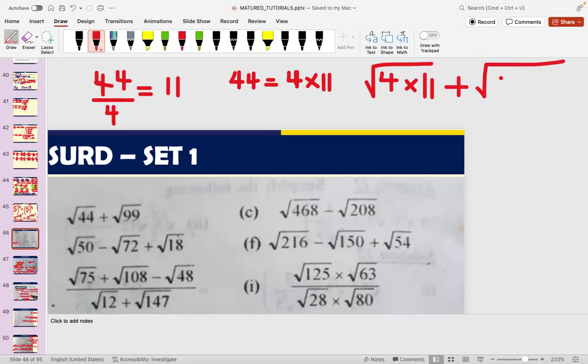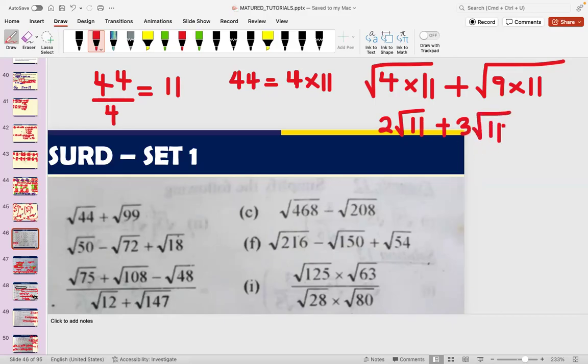What will you get? It will give you 9 times 11. Meaning that 99 is the same as 9 multiplied by 11. Can we find the square root of 9? Yes. So that's a perfect square number. So the square root of 4, 2 will come out. So we have 2 root 11 plus the square root of 9, which is also 3. So we have 3 root 11.